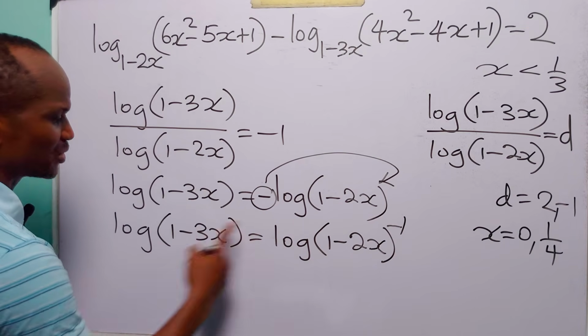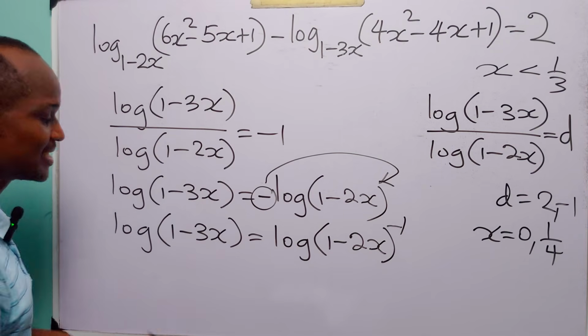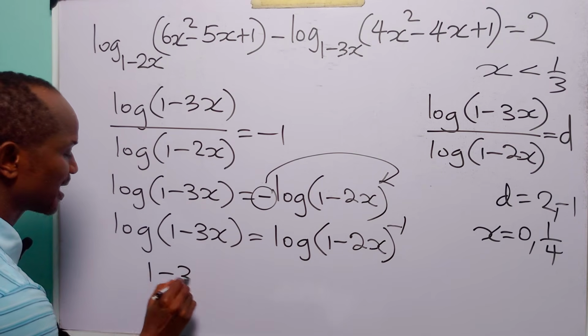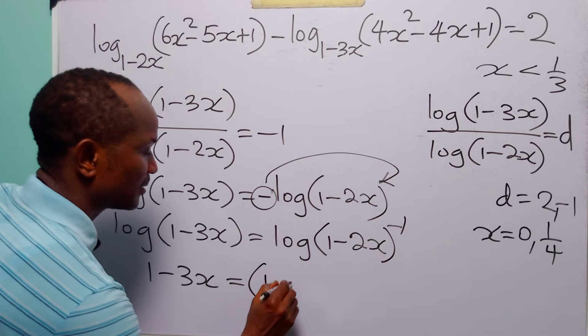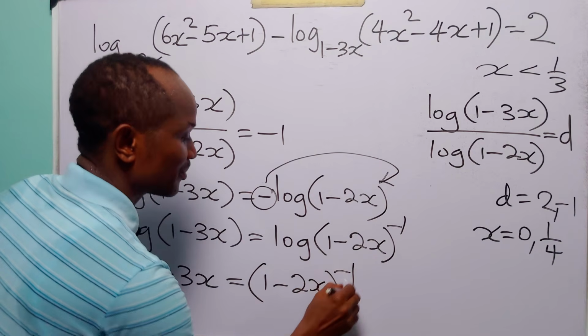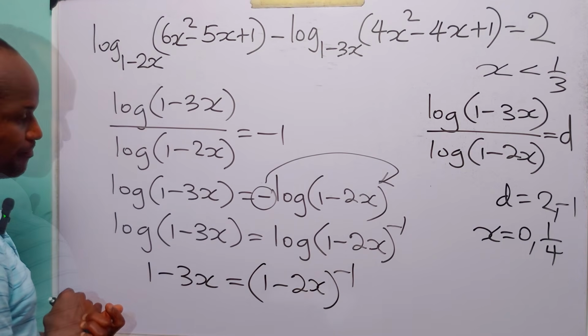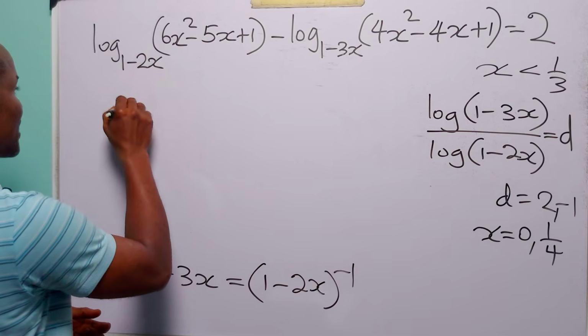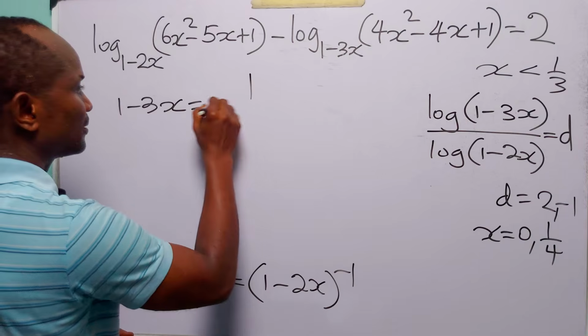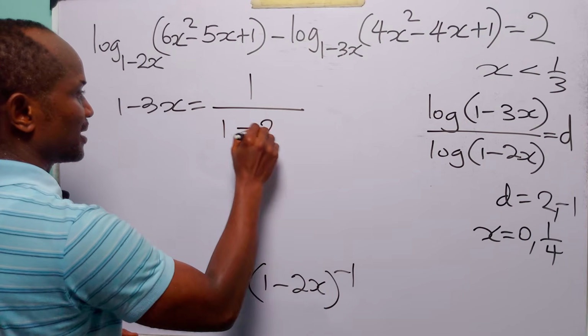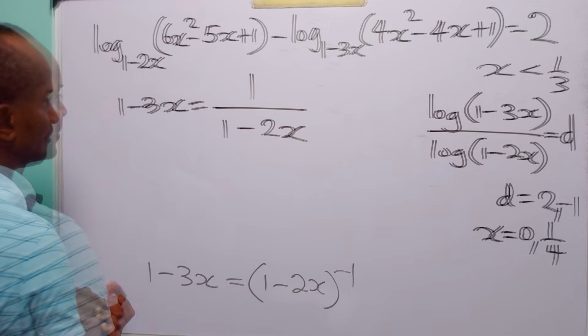Now, when you compare both sides of this equation, it is very easy to see that 1 minus 3x is equal to (1 - 2x) to the power minus 1. And from here, we have that 1 minus 3x is equal to 1 over (1 - 2x).